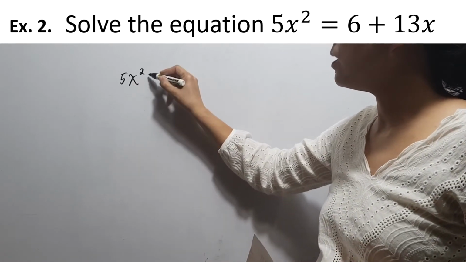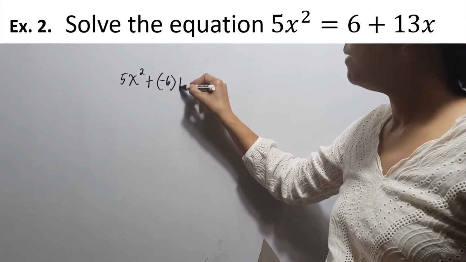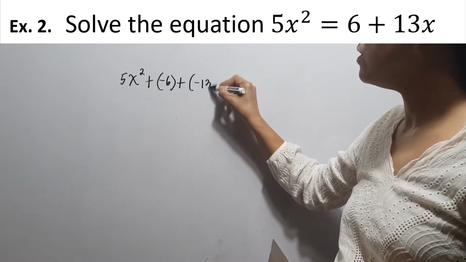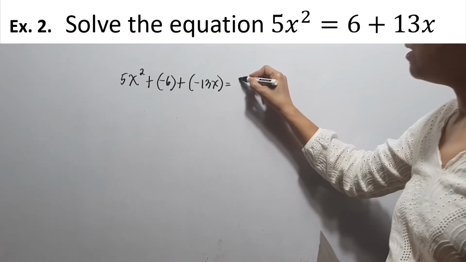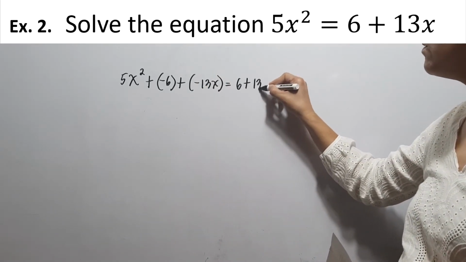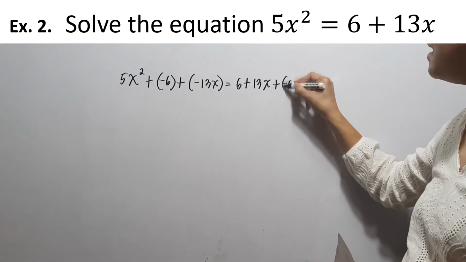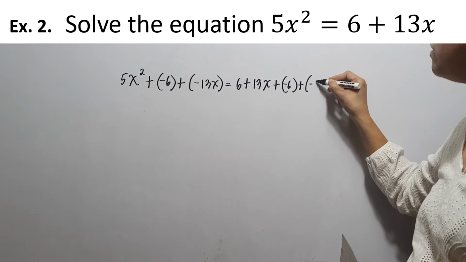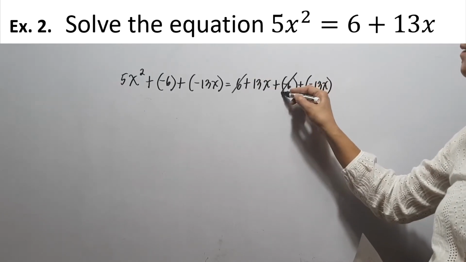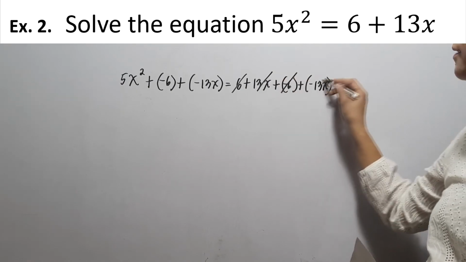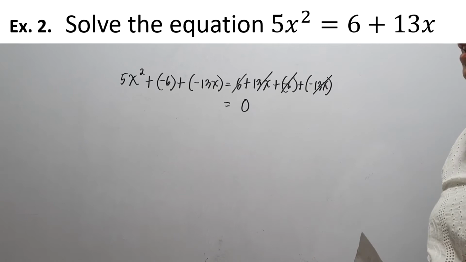So, 5x squared plus negative 6 plus negative 13x. Right? So, adding to the right side, we have 6 plus 13x plus negative 6 plus negative 13x. So, cancel si positive negative 6, 13x at saka negative 13x. So, that is 0. Okay?